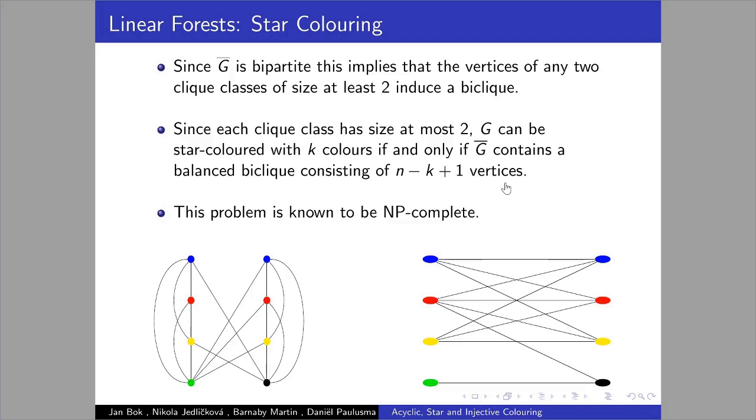So my graph can be star-colored with k colors if and only if its complement contains a balanced biclique with n minus k plus 1 vertices. And this problem of finding a maximum size balanced biclique in a bipartite graph is known to be NP-complete. So star coloring is NP-complete for co-bipartite graphs, so in particular the 3P1-free graphs.